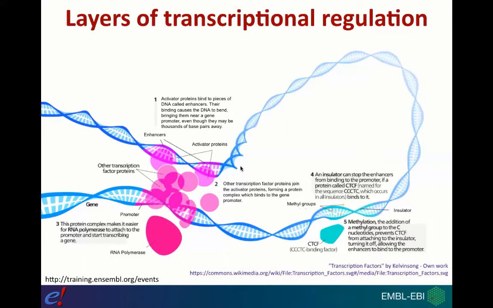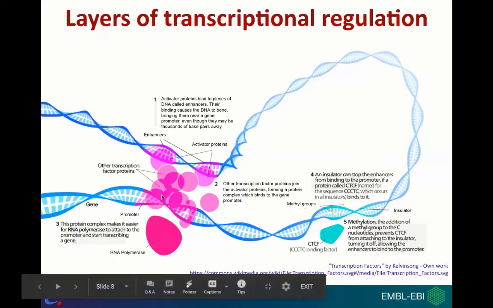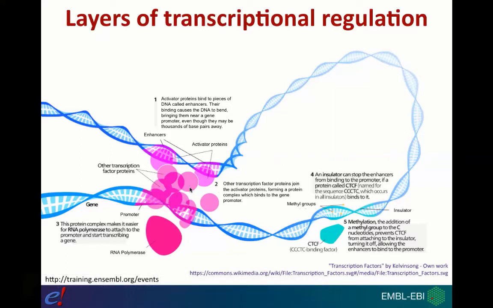Then the proteins bound to the enhancers come together with the transcription factor complex bound at the promoter in a 3D reconformation of the DNA to bring all of these transcription factor proteins together. In fact, it's this complex of transcription factors bound to both the promoter and the enhancers that results in the recruitment of RNA polymerase and the activation of transcription.